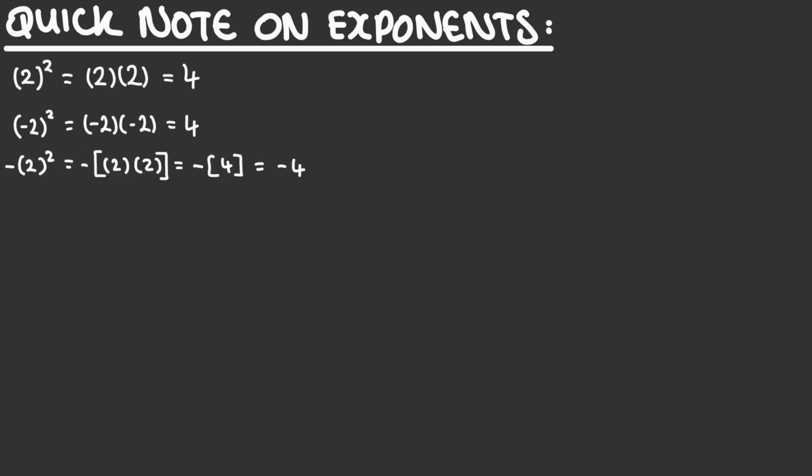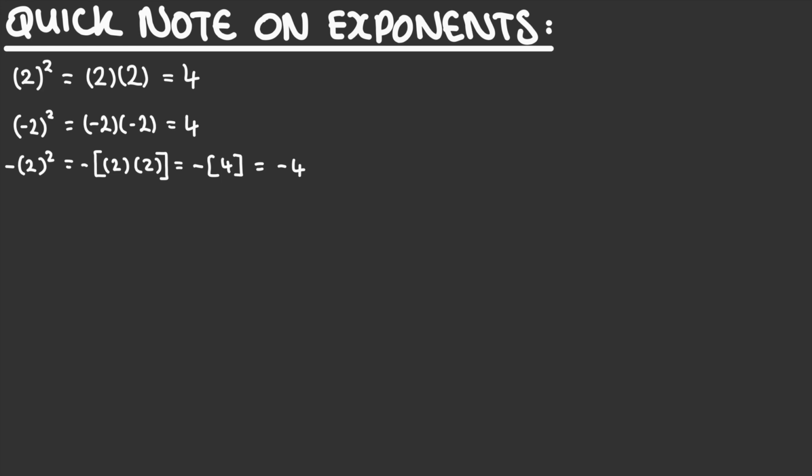One thing to be wary about is where the negative sign is when squaring a number. Brackets are not always a necessity when writing a number to the power of another number. But in this case, on the third line, you can see that if a negative is placed outside of the bracket, we end up with minus 4 instead of 4.